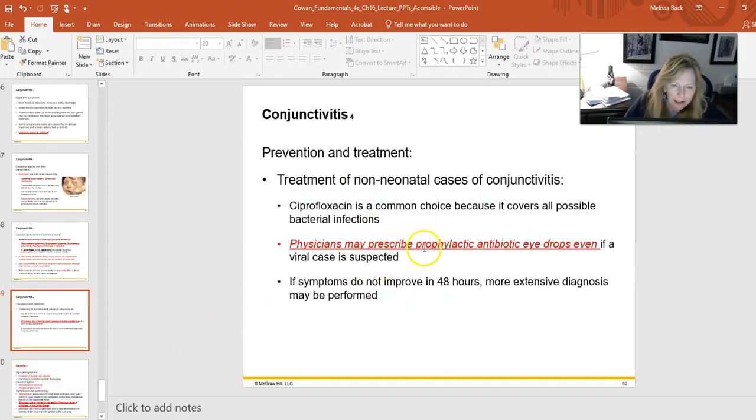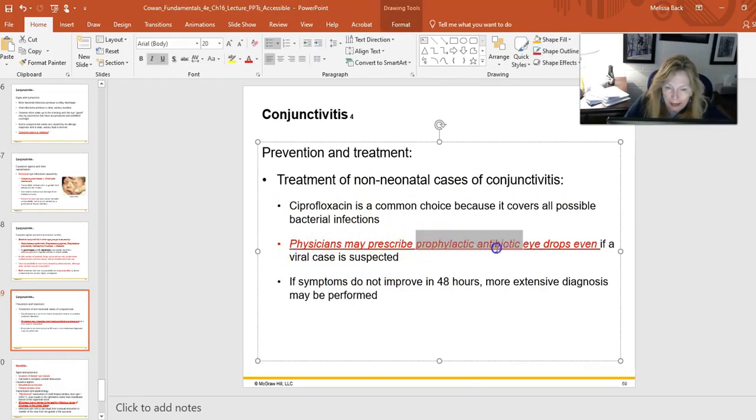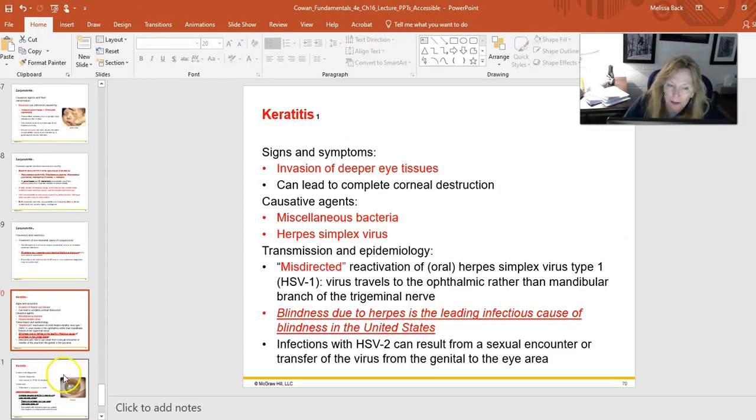Again, these can be highly contagious, so physicians often prophylactically give an antibiotic, even though they know that most cases are allergies or viruses, just to prevent a bacterial infection from happening.